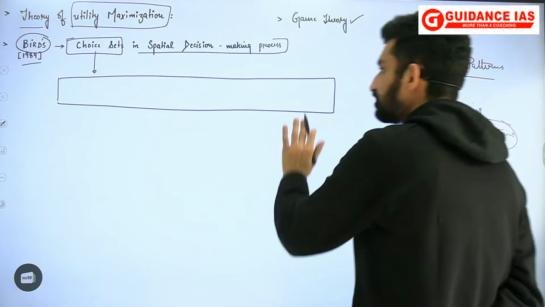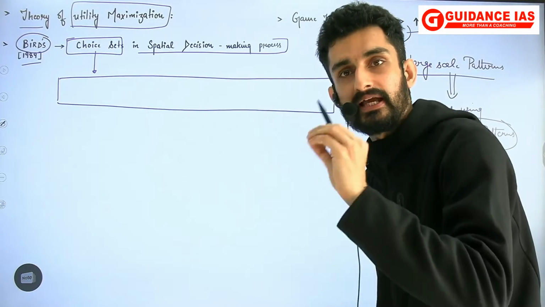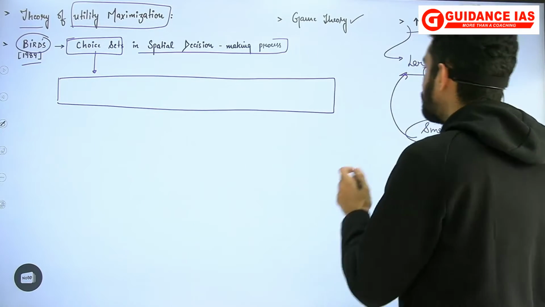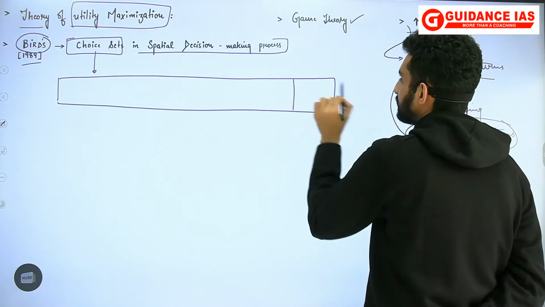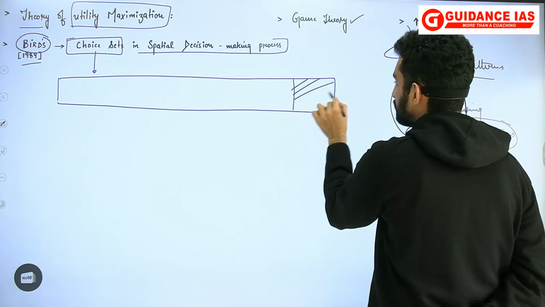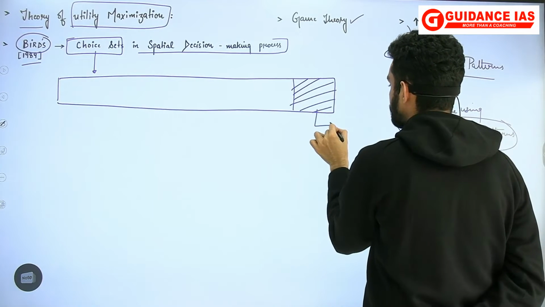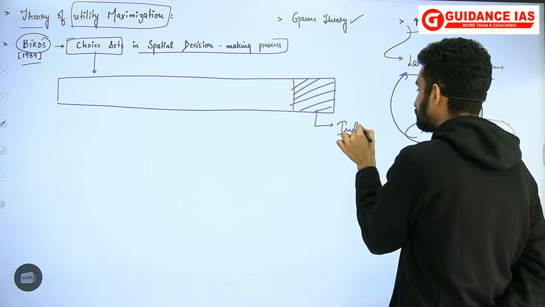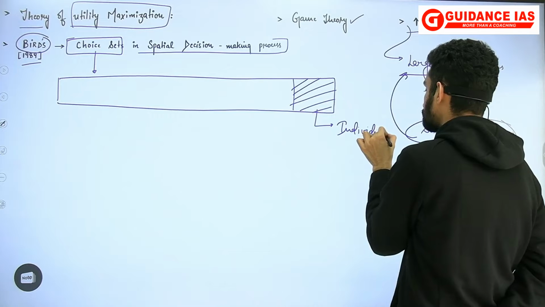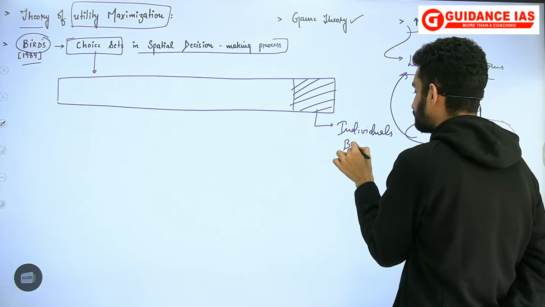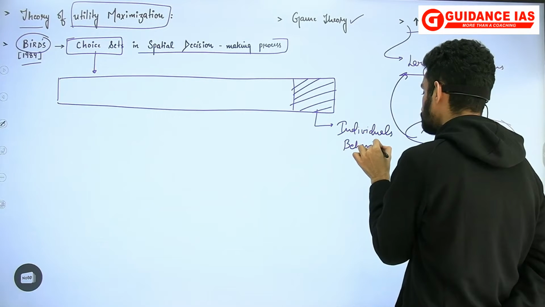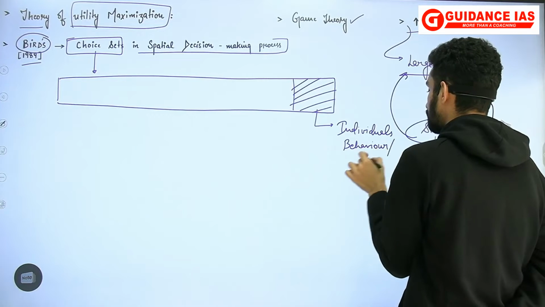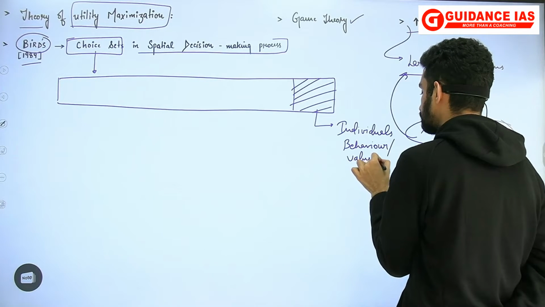But this choice set is subjected to certain external and internal factors. One such internal factor can be, let's say, the individual's behavior or value system.